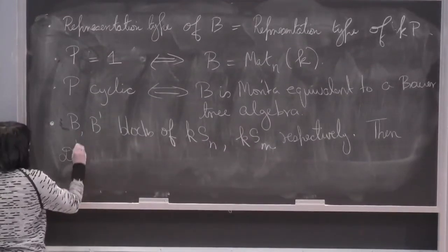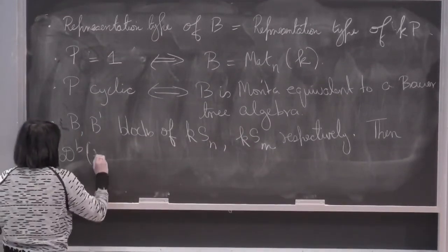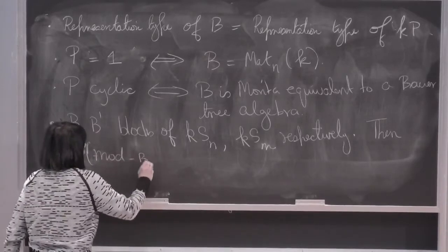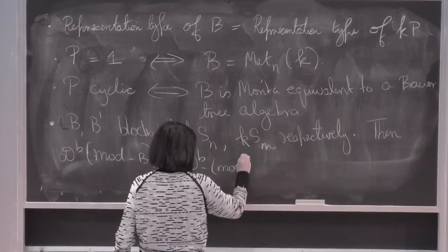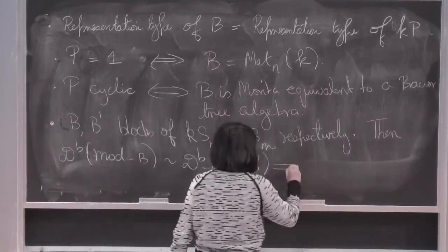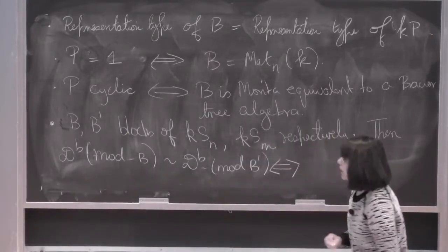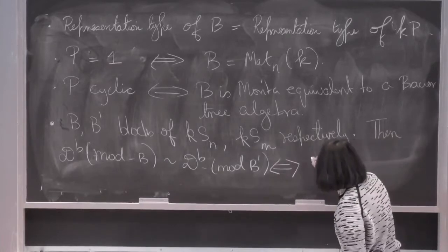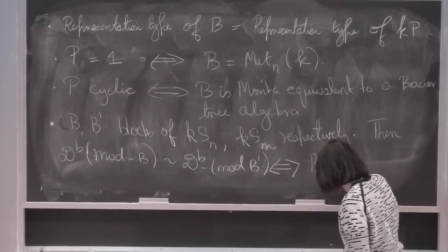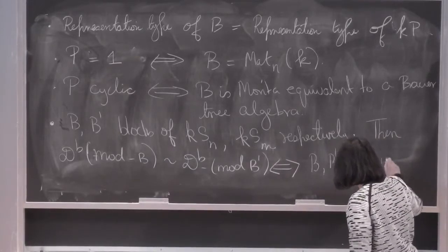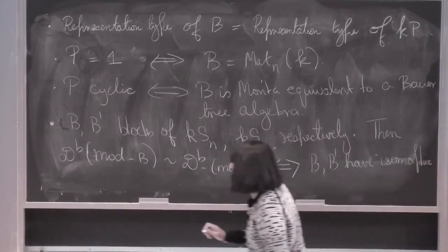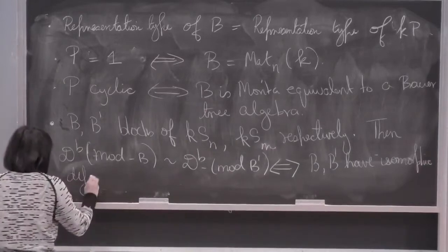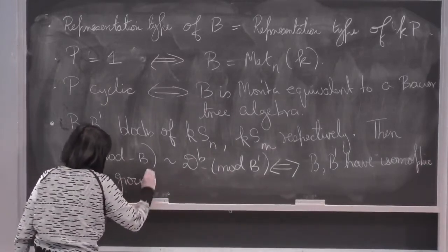Then the blocks are derived equivalent if and only if B and B prime have isomorphic defect groups.